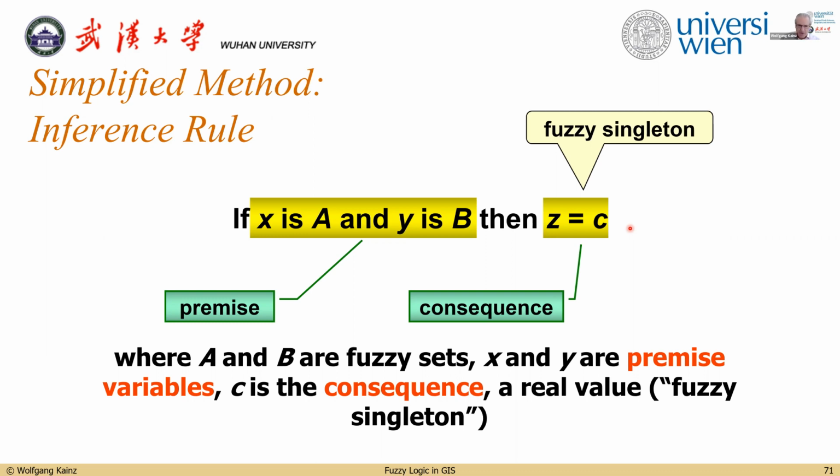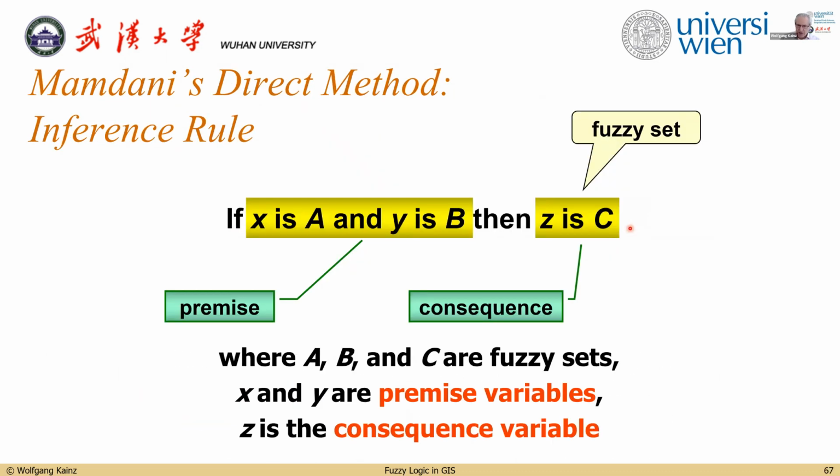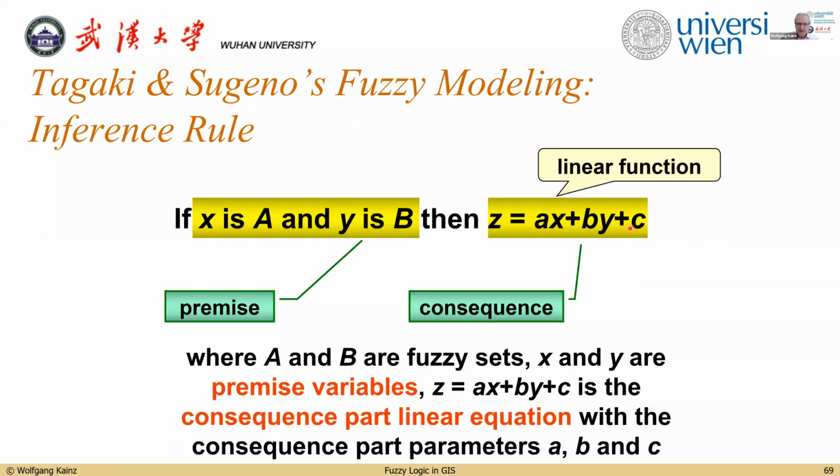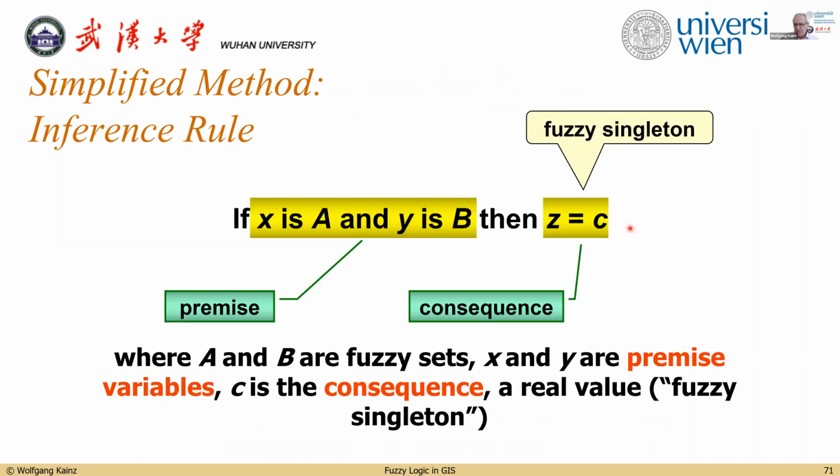So again, jumping back for a moment, the most general form of the direct method has in the conclusion a fuzzy set. The fuzzy modeling, according to Takagi and Sugeno, has in the conclusion a linear function of the variables, and the simplified method has in the conclusion a single real value.